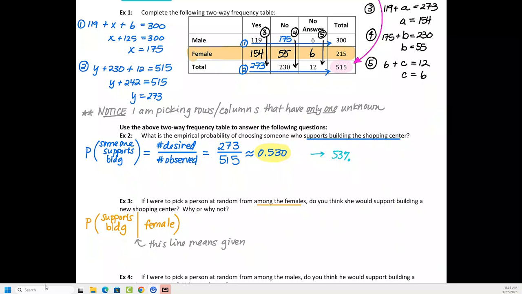So we're going to still do number desired over number observed.